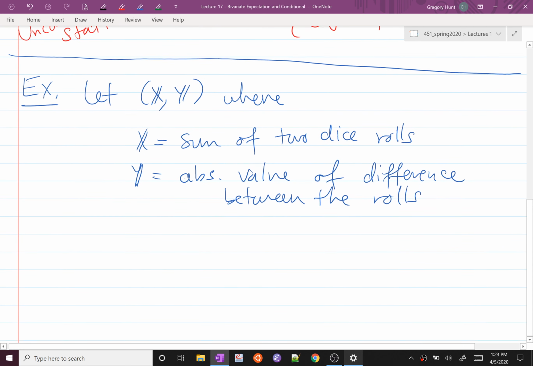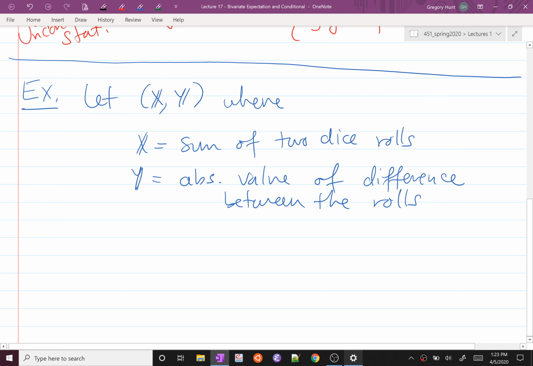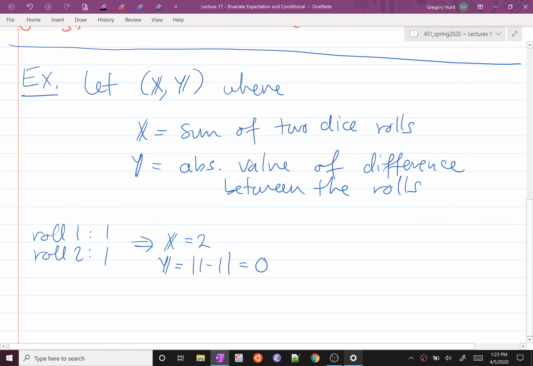So quick examples of this are, I could roll 1 for roll 1, and roll 2 could also be 1. This would say that x in that case would be the sum, which is 2, and y in this case is the absolute value of the difference, which is 0.